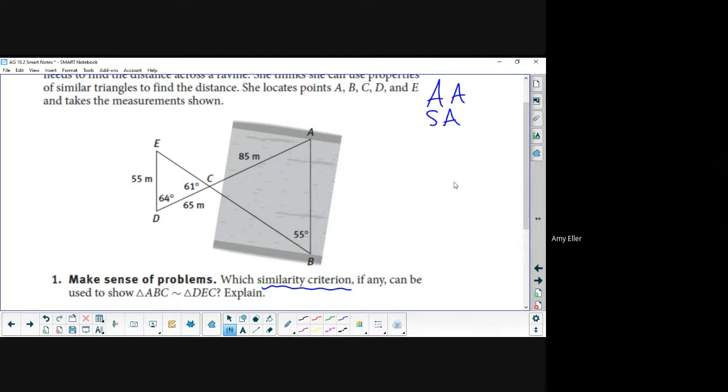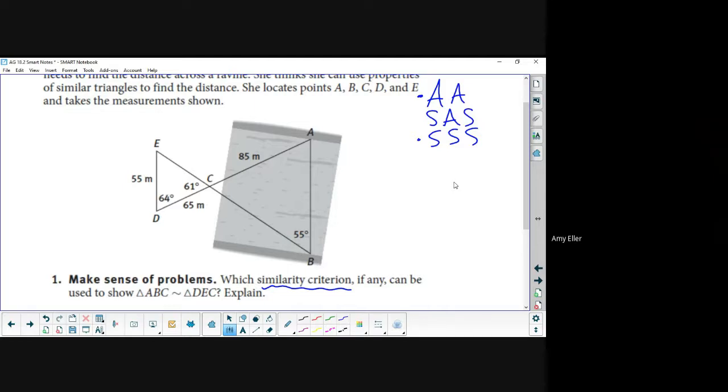Very good. And SSS. Yep. Meaning, if these 2 triangles share 2 congruent angles, they're similar. If they share 3 sides that are proportional, they're similar, or sort of a combination of.